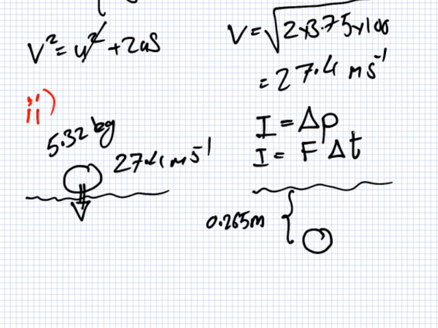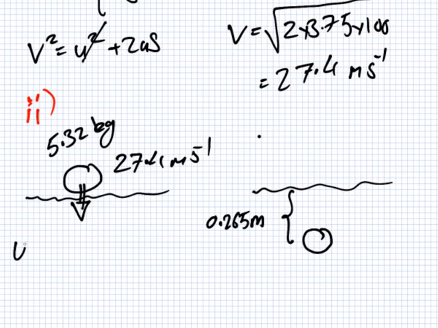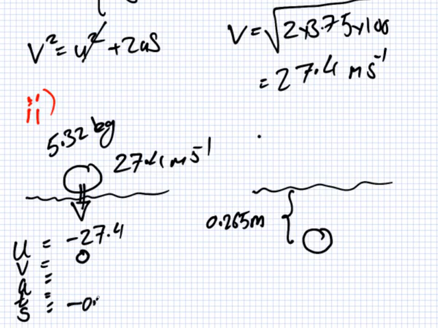Do you know what? I'll just calculate the acceleration. So we have UVATS. Okay. U is minus 27.4. V is 0. A we don't know. T we don't know. S is minus 0.265. And if I go with V squared equals U squared plus 2AS, the V is 0.